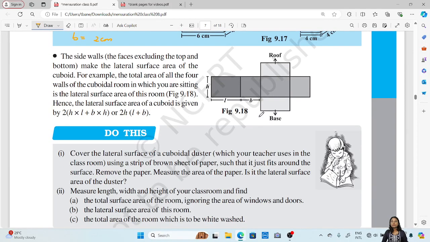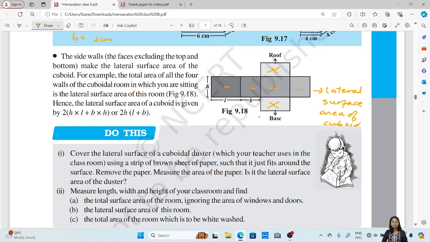Now say the side walls, the faces excluding the top and the bottom, make the lateral surface of the cuboid.